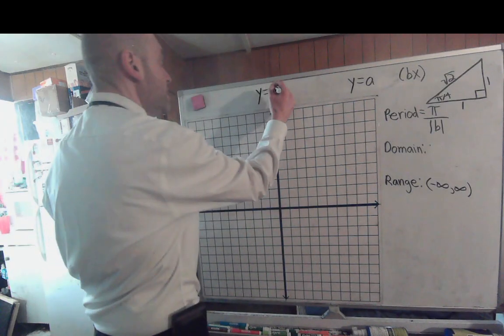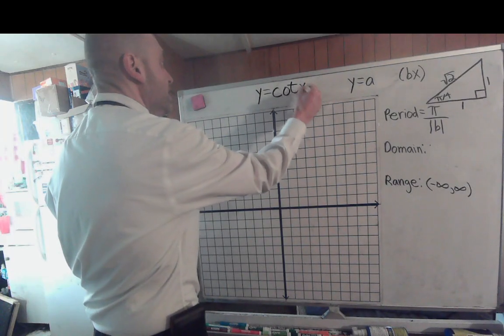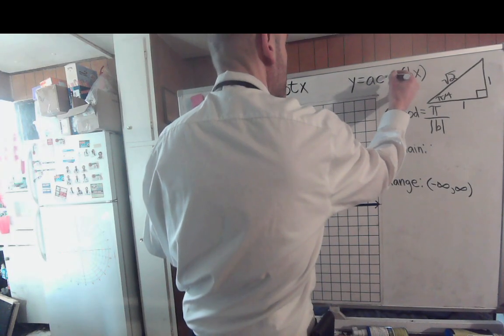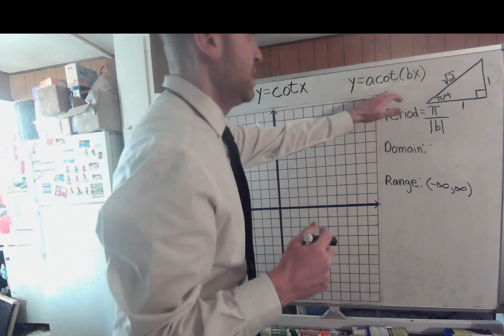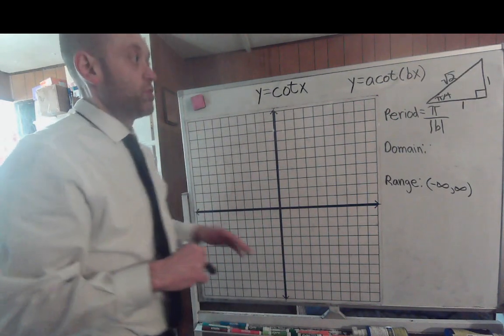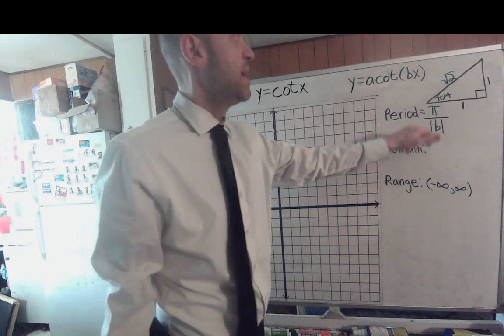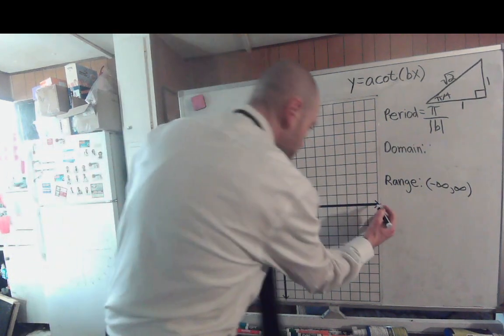So this time we have y equals the cotangent of x, in the general form y equals a cotangent of bx. Well, your period has not changed. It still has a period of pi divided by the absolute value of b. That'll give you your period. So we know the period's pi.